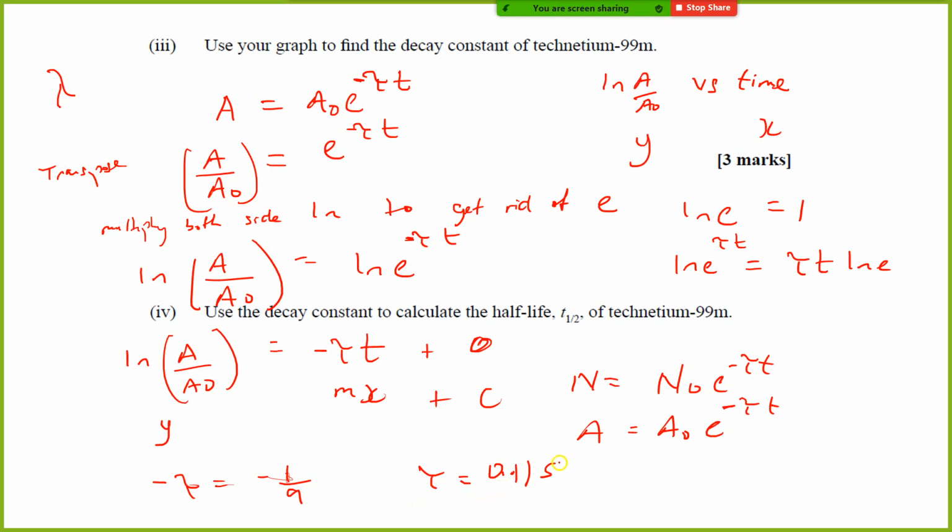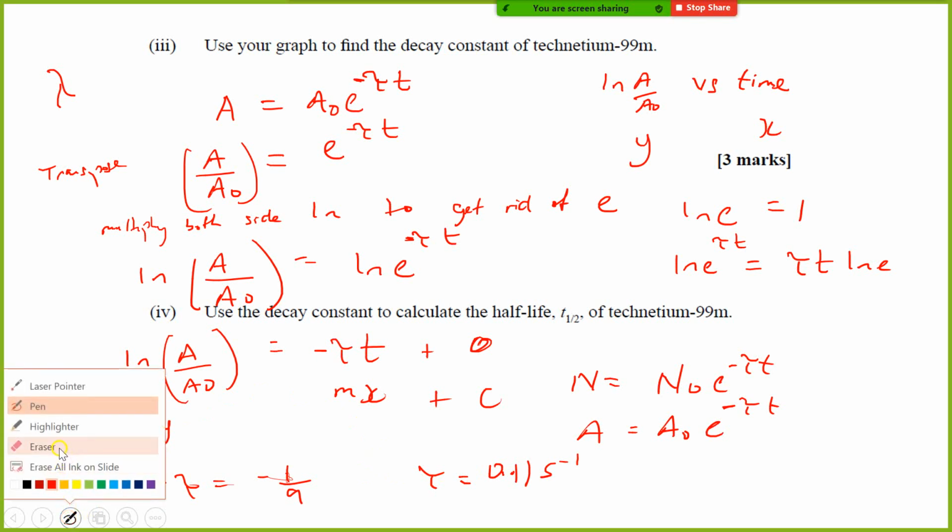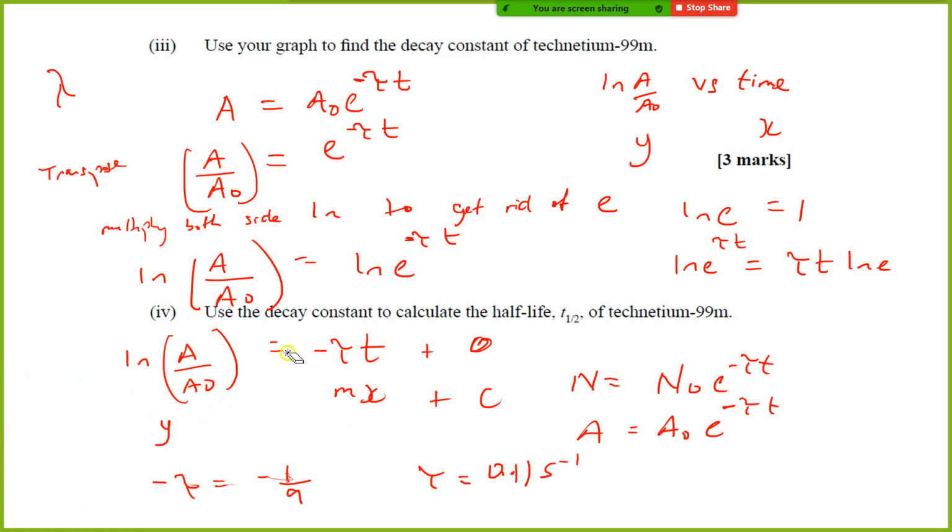So it's per second. Per second. So that's the unit. So I think we are right. Wait, sir. The unit is per second for the K constant. Per second, yeah.